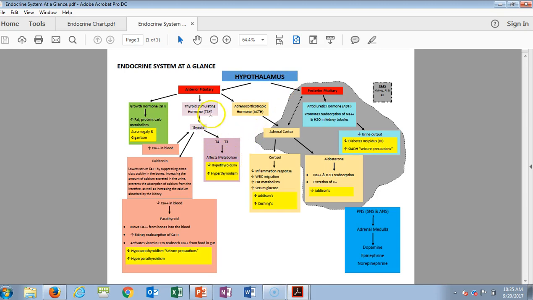Let's say here in the anterior pituitary, it creates the thyroid stimulating hormone, TSH, which activates the thyroid to produce T4 and T3, which are your thyroid hormones, and that has an impact on metabolism. When their amounts are low, the condition can be hypothyroidism, or if it is high, you're looking at hyperthyroidism. So that would be my suggestion.